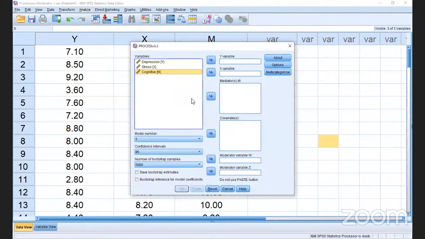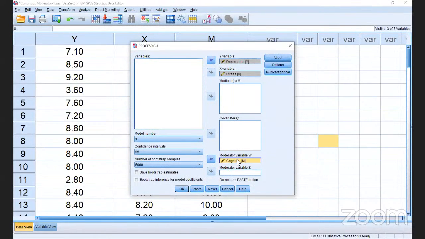After that, you can see three variables. Depression is the dependent variable, Y, so I am transferring it here. X, stress, the independent variable, I am transferring here. And cognitive is the moderator, so I am transferring the moderator variable here, W. Okay, moderator variable W.